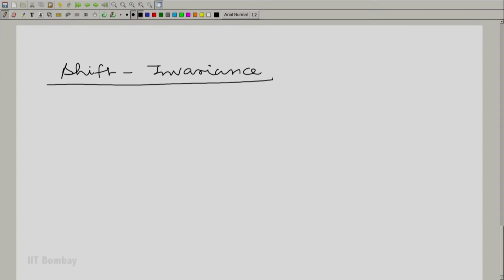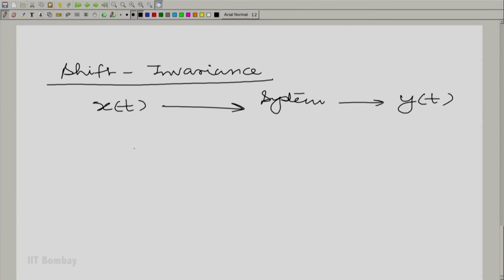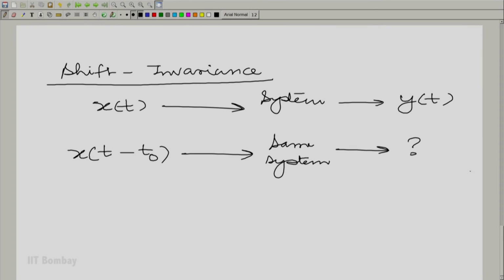Shift invariance, as the name suggests, asks what happens when you shift the input without making any other change. So, suppose you had x(t) being given to the system to produce y(t) as an output. What would happen when you gave x(t minus t0) to the system, same system of course?